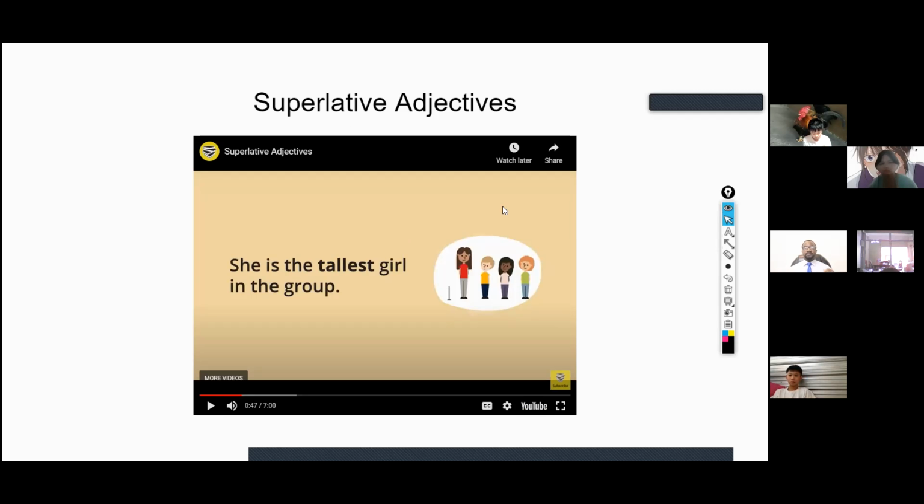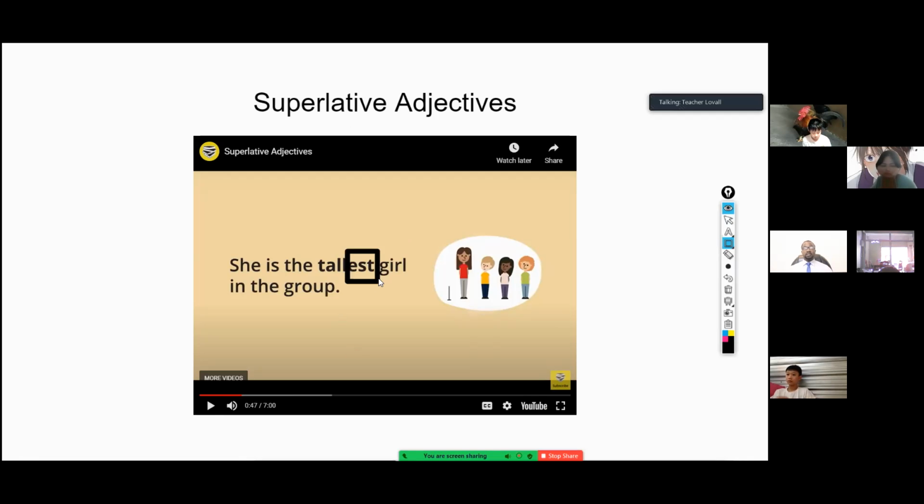A comparative compares two or more things, but a superlative focuses on the extreme option, okay? Either focusing on EST, the tallest, shortest, fastest, slowest. So superlatives focus on the most extreme option, okay? So let's keep focusing on that.